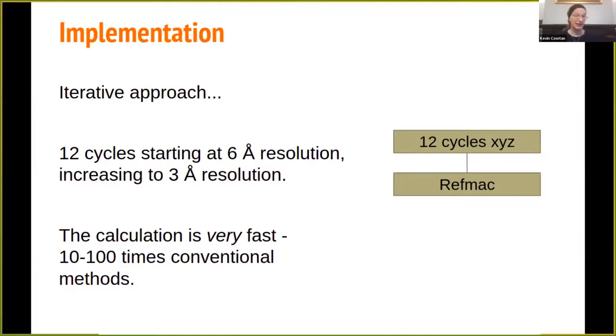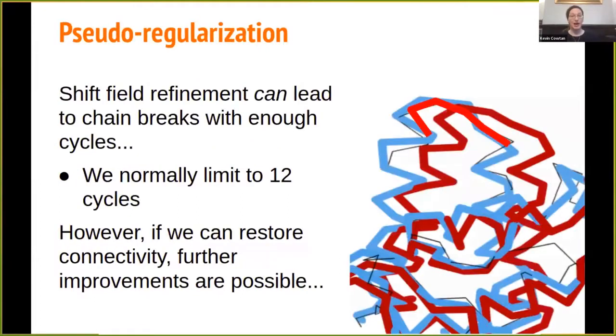One feature of the calculation is that it's very fast, and that's primarily because we can work at lower resolutions than conventional methods. The problem is if we do it for 12 cycles or more, we do begin to see chain breaks, even though we're moving big regions smoothly.